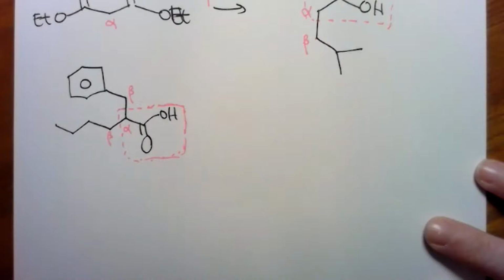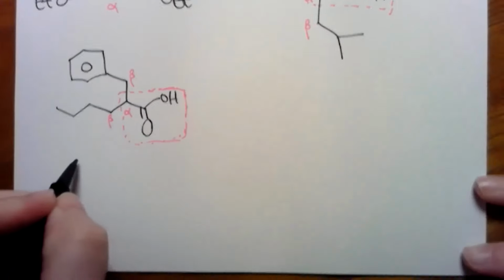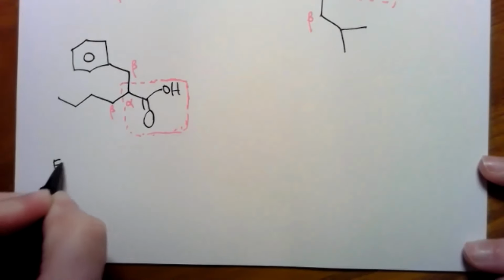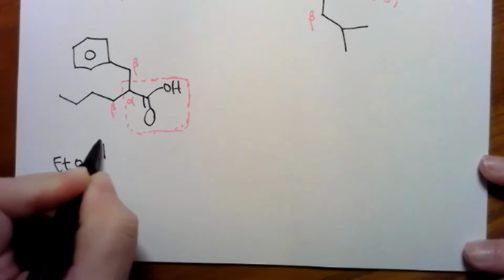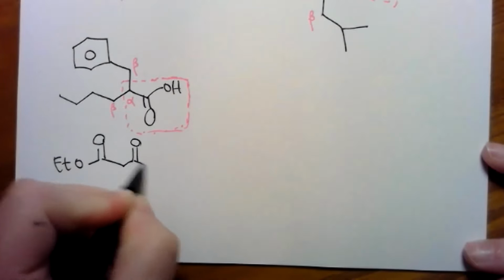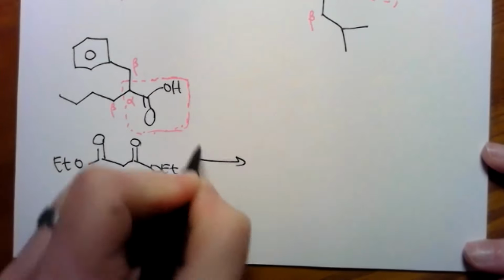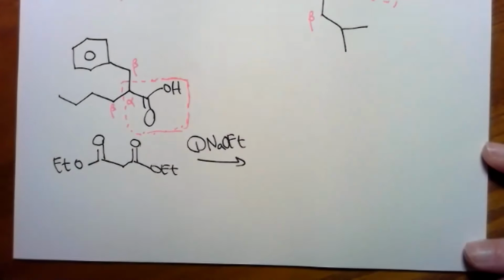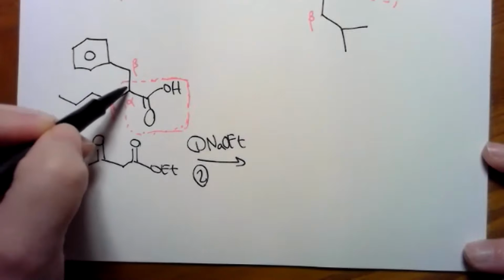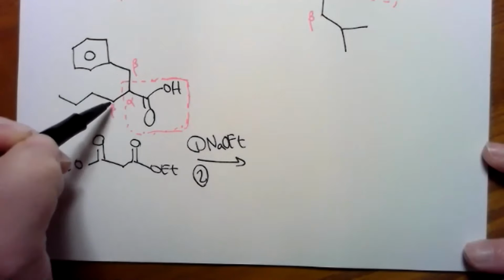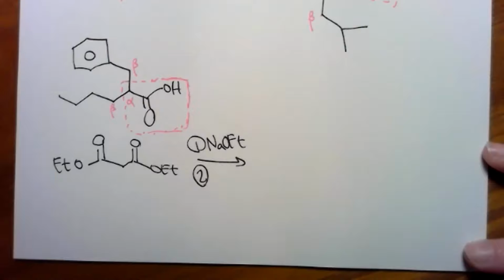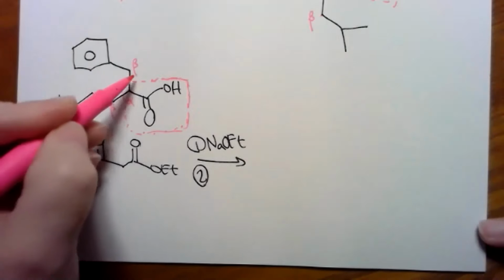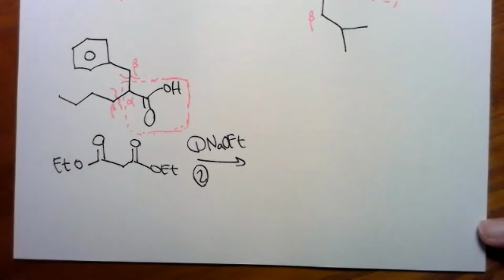What does it look like? Let's do it. I need to start with a dimalonate. We're going to choose diethyl. Why not? I need to deprotonate it, pluck an alpha hydrogen, and I need to add a good SN2 substrate. I need to make alpha beta bonds. It does not matter which you make first, but you're going to need to make 2 alpha beta bonds.